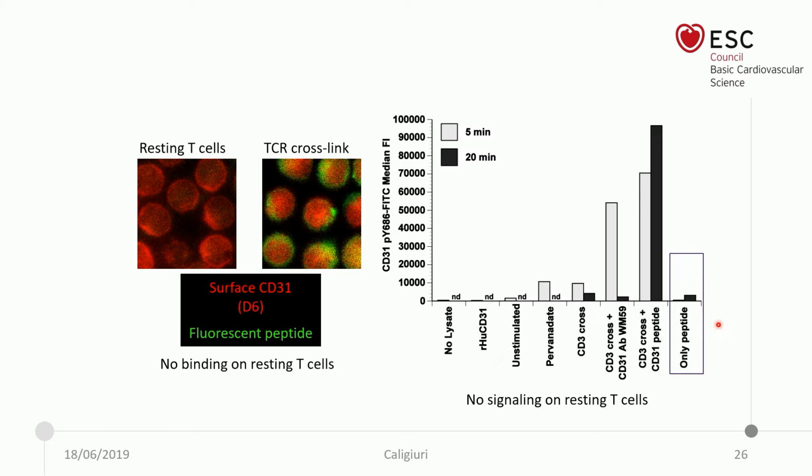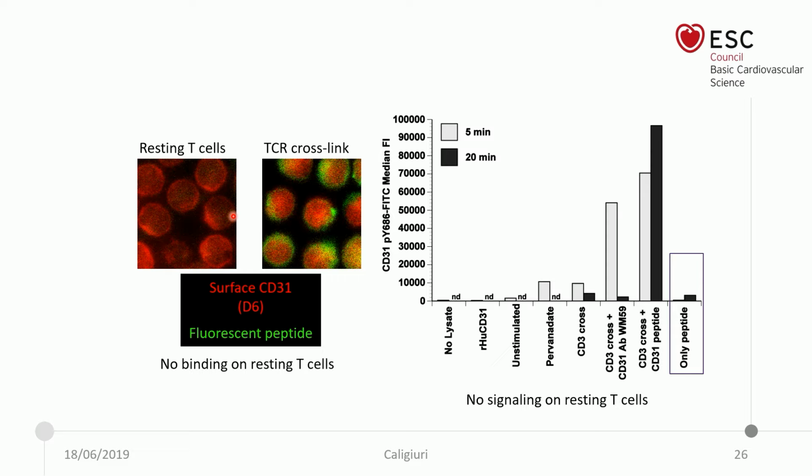And in functional tests, when we checked for the phosphorylation of the ITIM of CD31, we could see that the presence of the peptide could uphold the phosphorylation of the ITIM, so it was an agonist of the receptor, only in the presence of a stimulus, the TCR cross-linking. Whereas if we put the peptide alone, it doesn't do anything. It doesn't bind, it doesn't do anything.